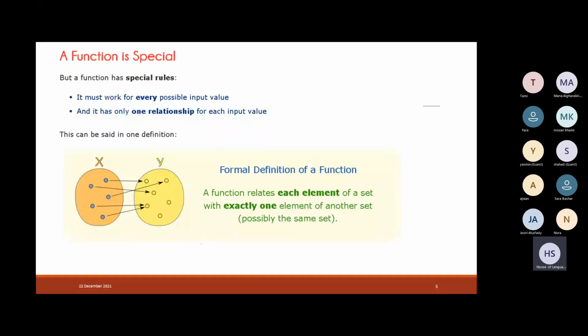Now, let's talk about a function. What we said, relation and functions. What is a function?